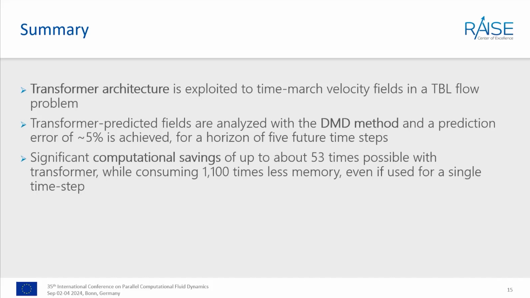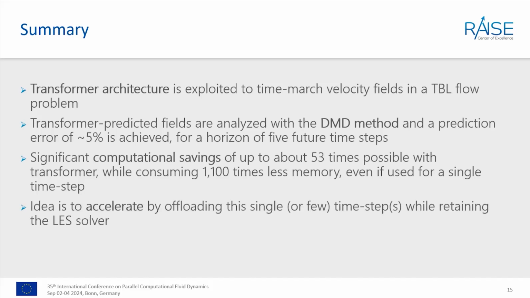Significant computational savings were achieved, as you saw. The idea here is to accelerate rather than to replace, which does not seem feasible at this point, by offloading a few time steps. Even with a single time step, we are able to achieve these kinds of numbers.